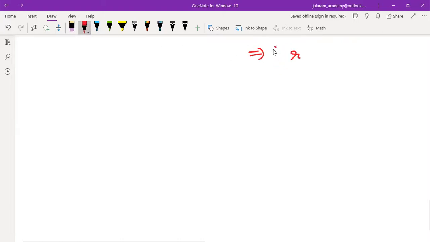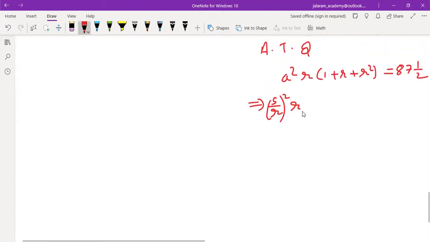Now this is the equation involving only one unknown, R. 5 by R whole square into R into 1 plus R square equals 175 by 2.